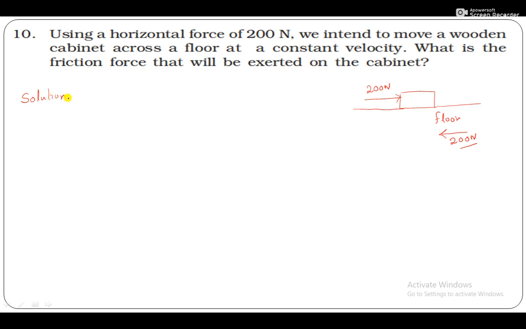The answer is: a force of 200 Newton is applied in the forward direction.